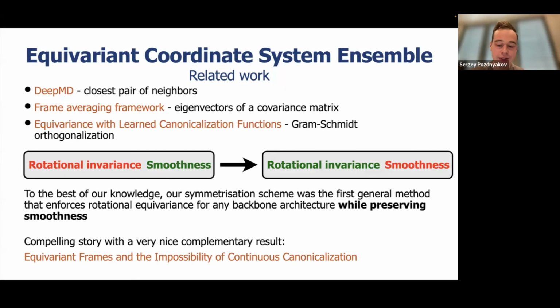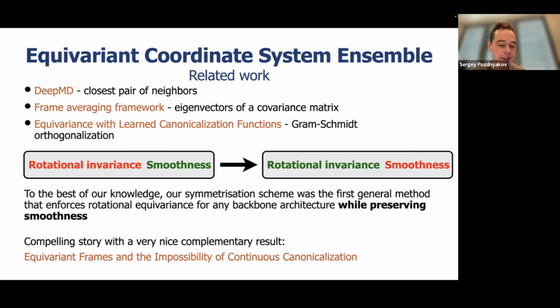The second result of this paper, which I like the most and which is absolutely fascinating, is very complementary to all this story. It is the impossibility of continuous canonicalization. So I just reviewed a few ways one can construct a coordinate system given a three-dimensional point cloud, and for all these constructions, there are sometimes discontinuous jumps.